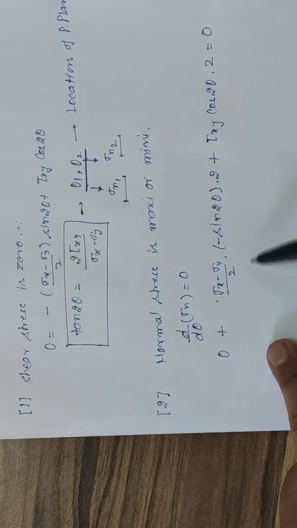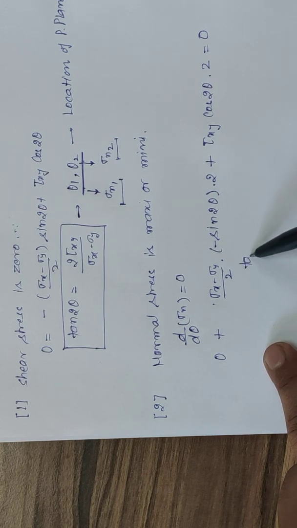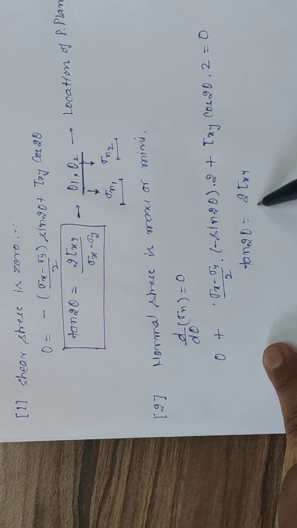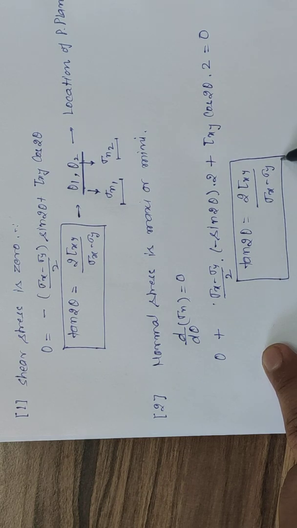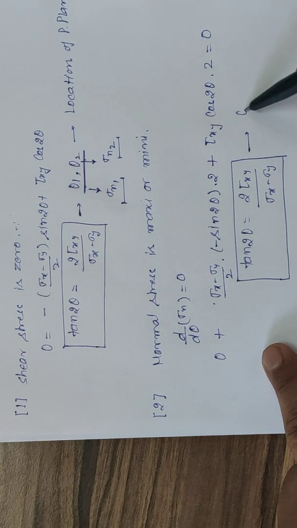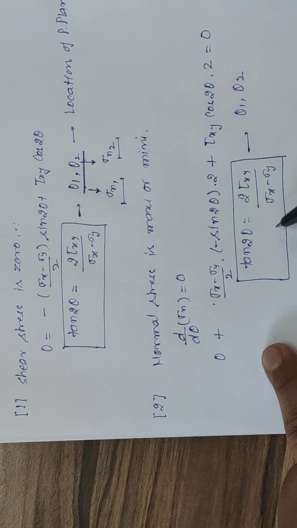From here we again get the same value, tan 2 theta is equal to 2 tau xy divided by sigma x minus sigma y. So again we will have two values, theta 1 and theta 2.